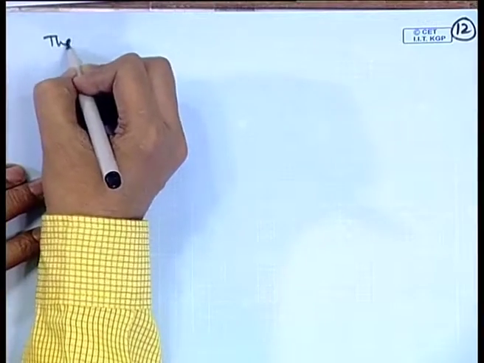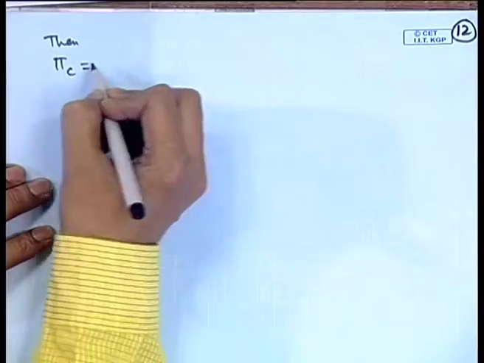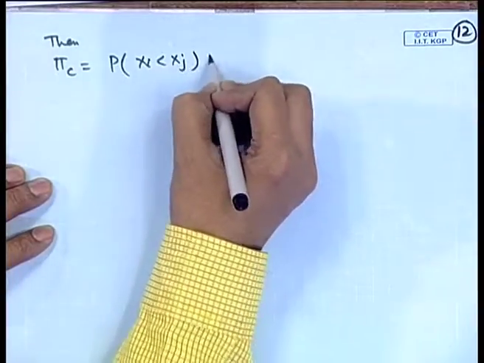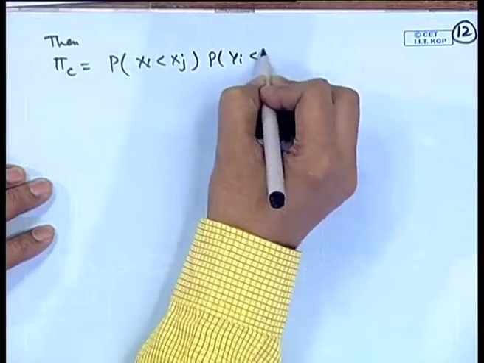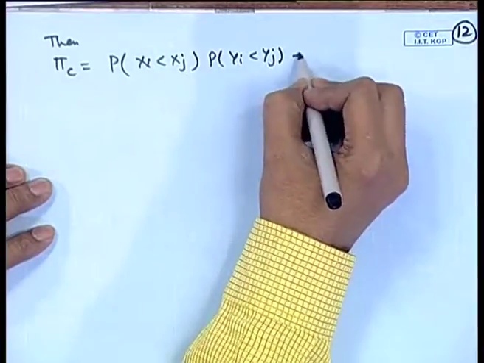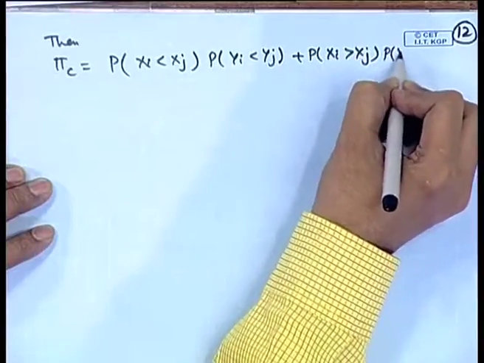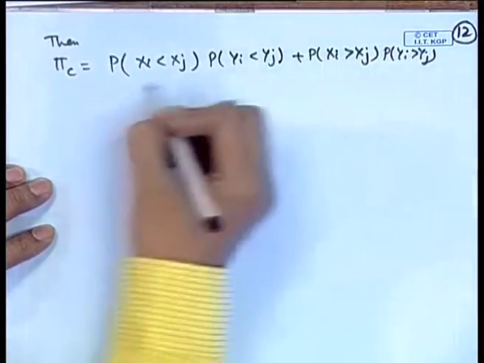So, in that case pi_c will be equal to the probability of xi less than xj times the probability of yi less than yj, plus the probability of xi greater than xj times the probability of yi greater than yj.